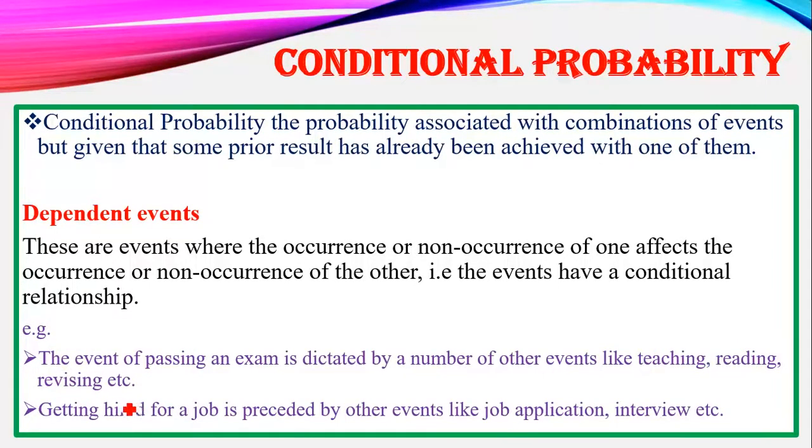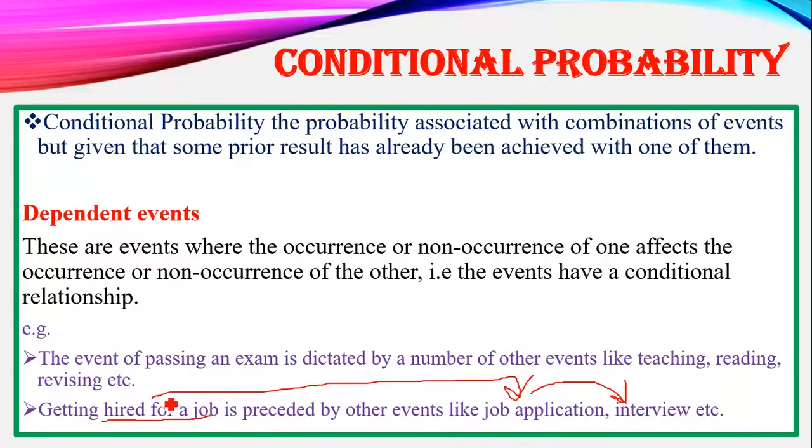Another example: for you to get hired for a job, there are some activities that precede it, activities that come before. And these activities or events include: one, you must make an application for that job. Number two, you must be called for an interview. So after the application, an interview comes in, and later you get hired for the job.